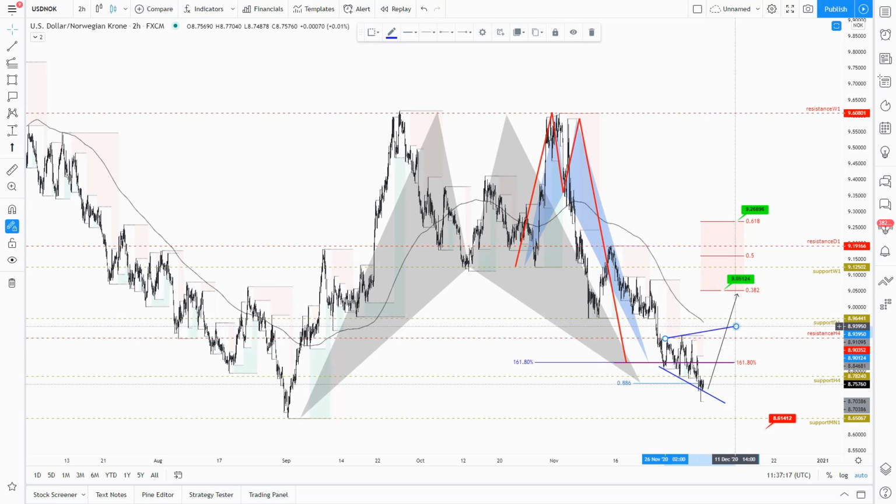This is a formation where I want to see the price reacting after this third drive, kind of a third drive formation over a third bottom. Let's say I'm expecting a nice reaction for the Norwegian krone from this price zone.